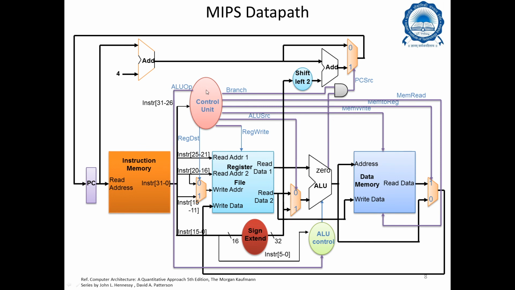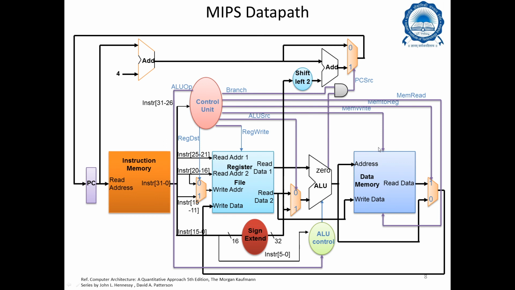It is also controlling the ALU operation, and the select line of the first multiplexer that chooses between the destination registers. So this is the controller that is enabling or disabling and helping in timing synchronization of the entire data path. What will happen when is decided by this controller.